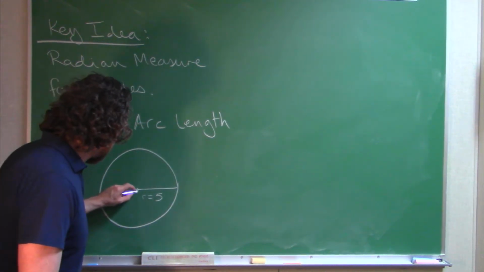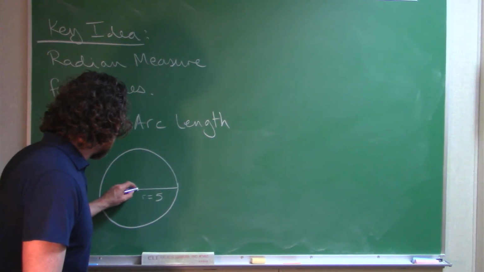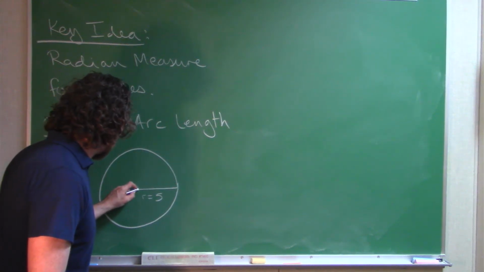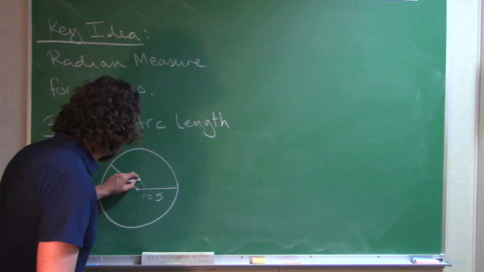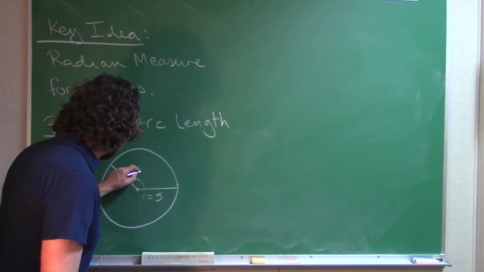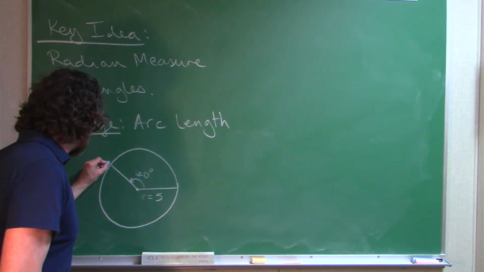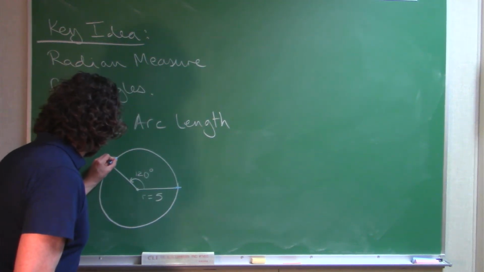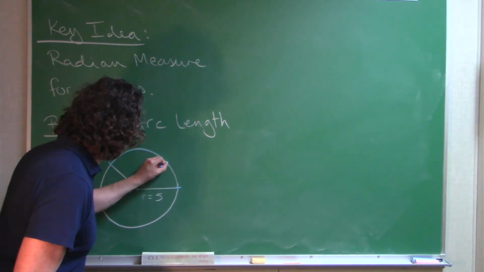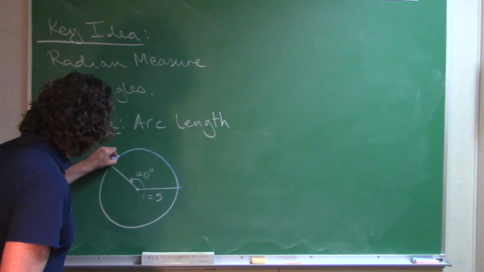And let's say I had a 120-degree angle. Now, if I was asking what is the length of the arc that is cut off by this angle, I'm asking about this right here. Can you see that I'm highlighting it in blue right there?